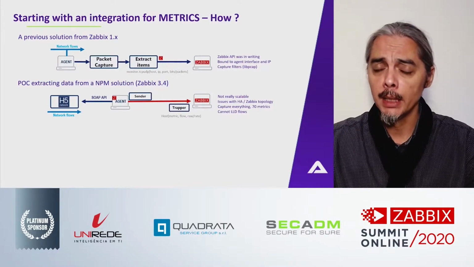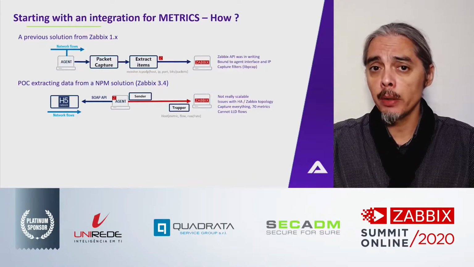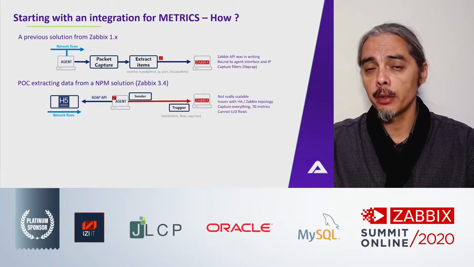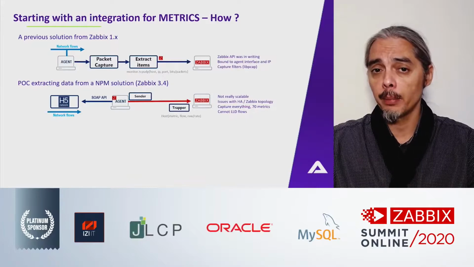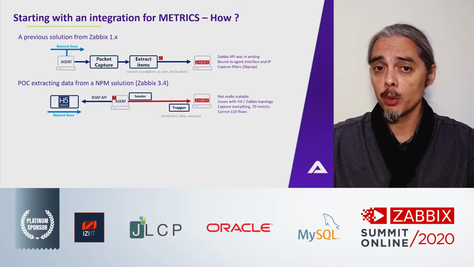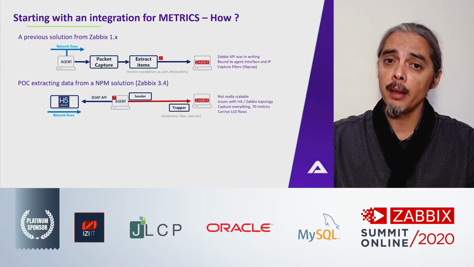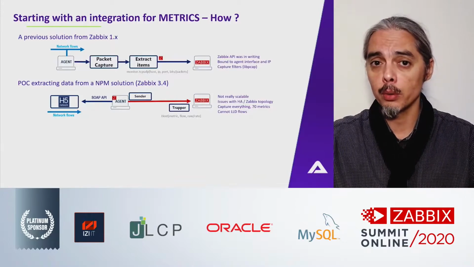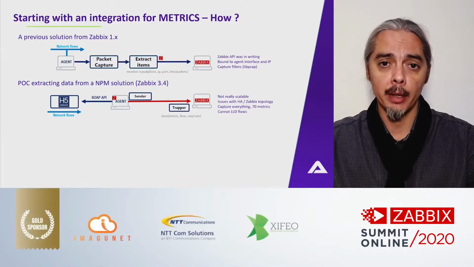That was bound to the agent interface and IP, and you needed to define both the items you would like to get and the capture filters for the captured data.